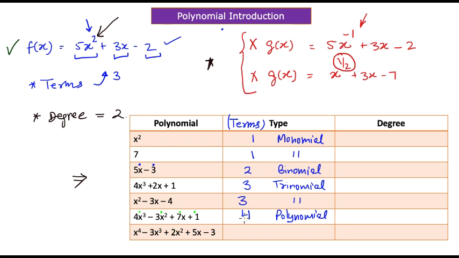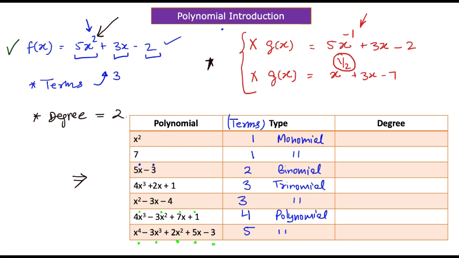But whenever you have four or more terms, we will simply call them polynomials. And just like that, you will see that the last one has 5 different unique terms here, so we will label the terms as 5 and this will be just a polynomial. So we remember identifying the terms by simply counting how many different parts a polynomial has.